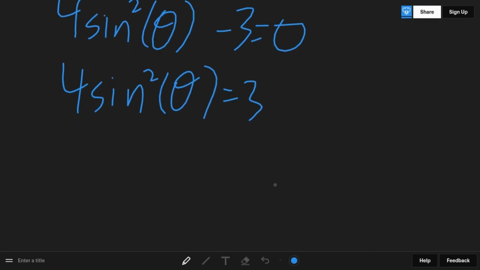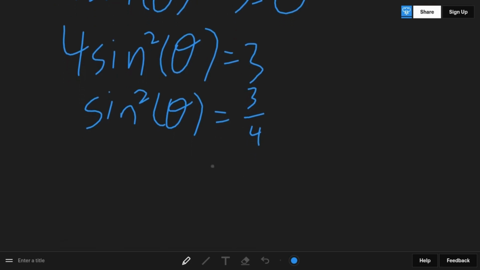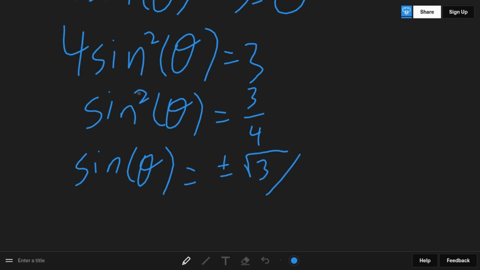Then I'll divide both sides by 4. So I got sine squared theta equals 3/4. Then I'll take the square root of both sides, so I can end up with sine theta and not sine squared theta. When I take the square root, I get plus or minus root 3 divided by 2.